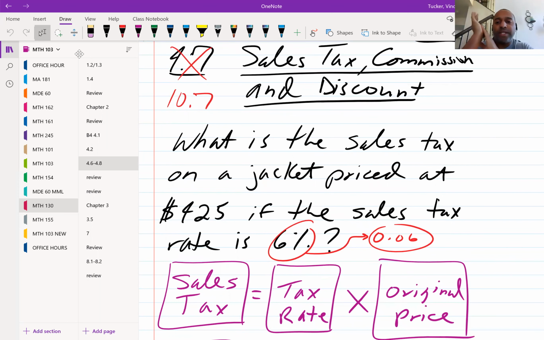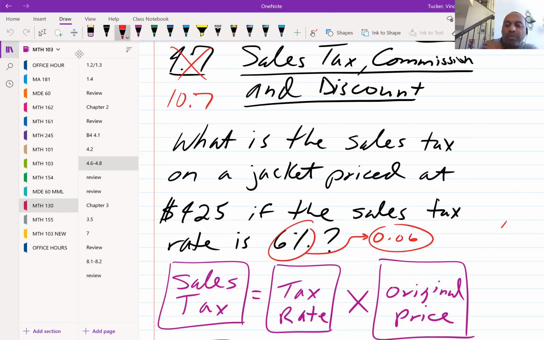So this first one: what is the sales tax on a jacket priced at $425? The sales tax rate is 6%. All right, so I'm going to calculate the sales tax.